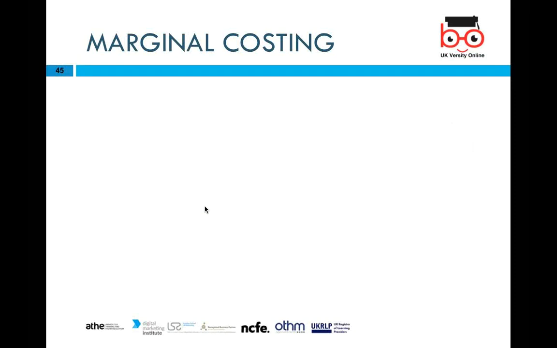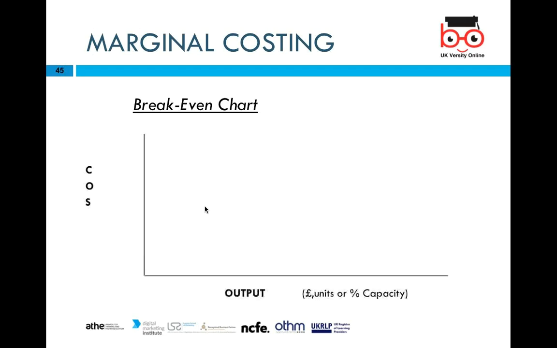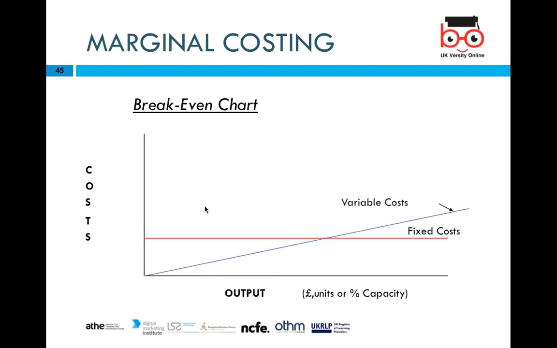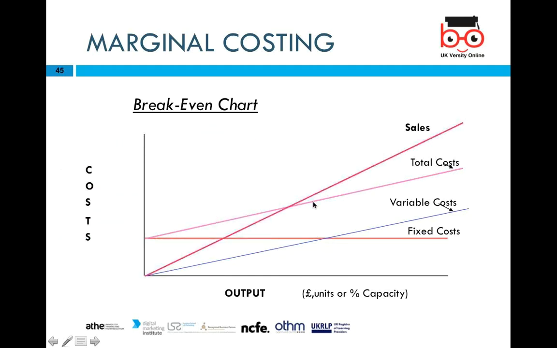This is actually marginal costing, because normally we calculate project costing using the payback period, accounting rate of return, net present value, and internal rate of return. On the basis of marginal costing, we need to see our break-even point. This is basically the fixed cost and the variable cost; the variable cost plus fixed cost is the total cost, and then we can see our total sales, and that is our break-even point.